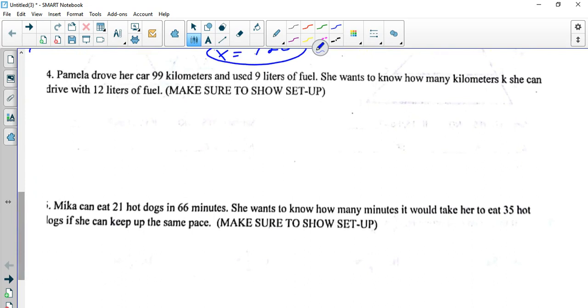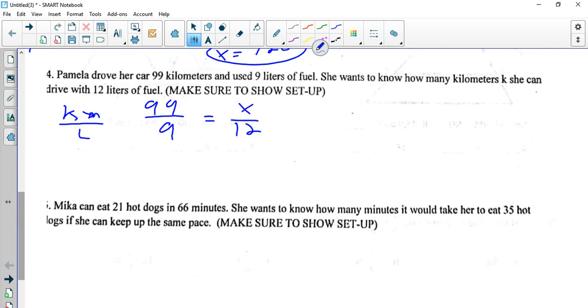Okay, Pamela drove her car 99 kilometers and used 9 liters. She wants to know how many kilometers she can drive on 12 liters. So, kilometers and liters. Well, our magic ratio is 99 kilometers for 9 liters. If she has 12 liters, how far can she go?